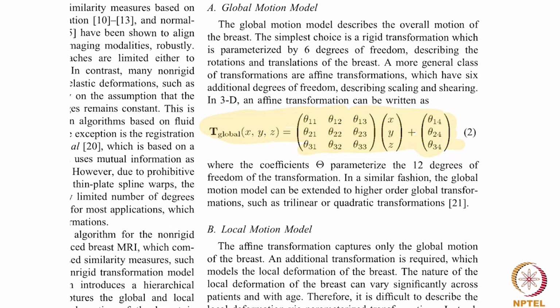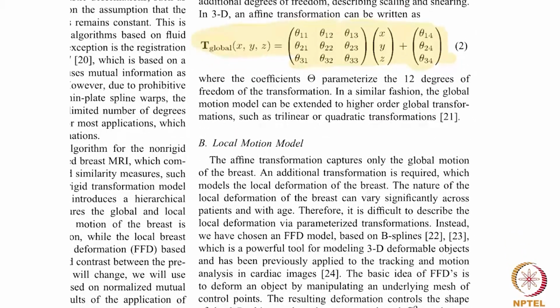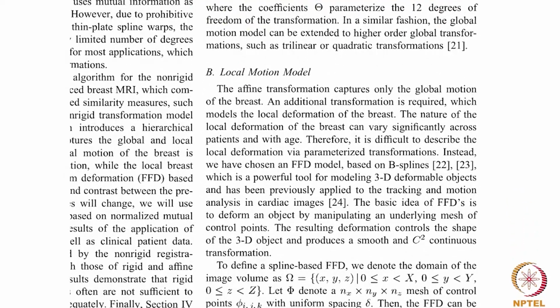Okay, but in order to get to a very accurate registration, you also need local deformations. The local deformations is where you try to do the non-rigid registration. Okay, so here, like in the Demons algorithm, the local deformations are estimated pixel wise with a small difference.